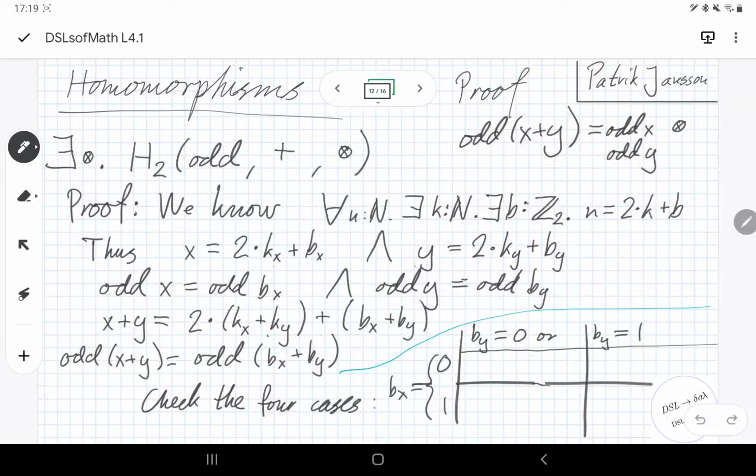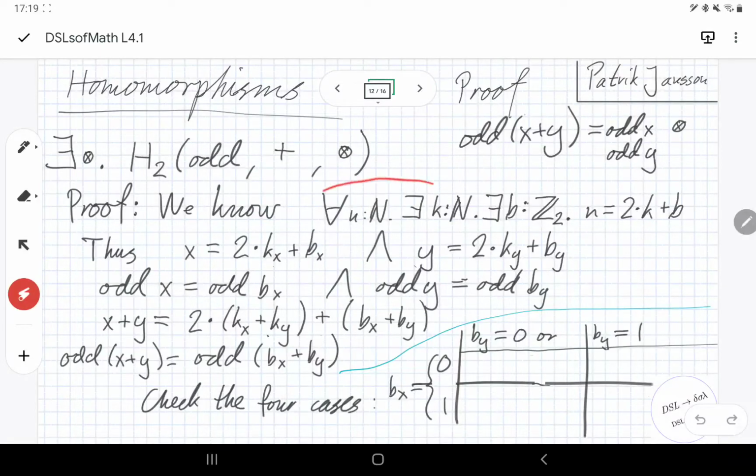It's not a complicated proof, but I like to be rather careful here. So first of all, we know that every natural number can be written as an even number plus 0 or 1. So either the number is even, in which case b is 0, or the number is odd, in which case b is 1. So I'm already here trying to capture the evenness of the number.